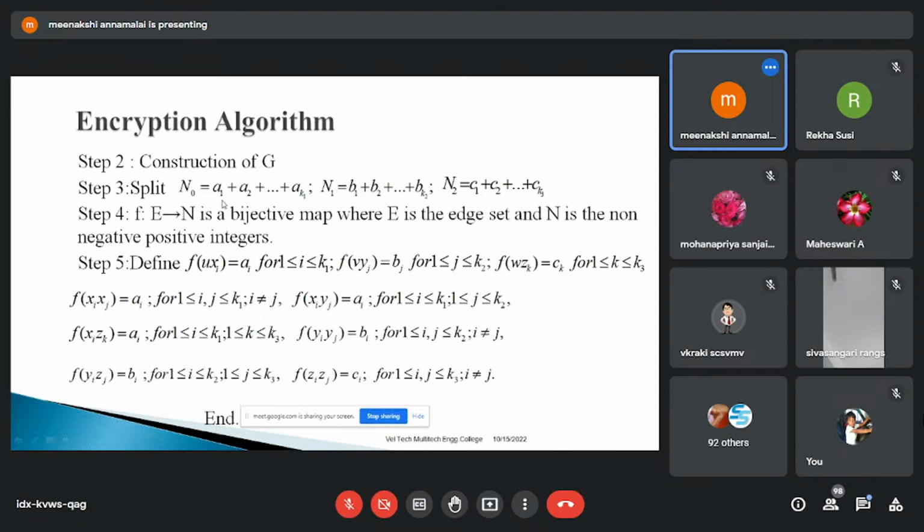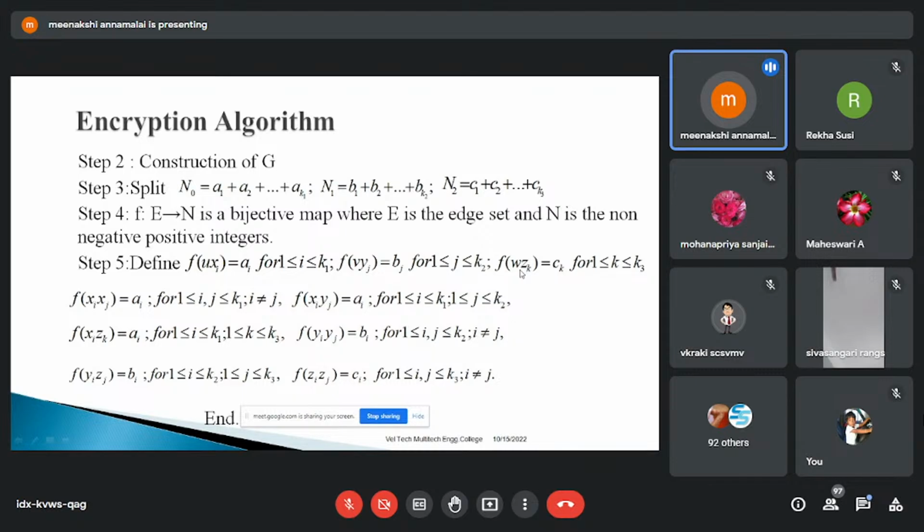So the K1 values of N0 will be placed on the edges UXI, I from 1 to K1 respectively. That means for UX1 I place A1, for the edge UX2 I place A2, and so on. Likewise I did for VYJ and WZK also.